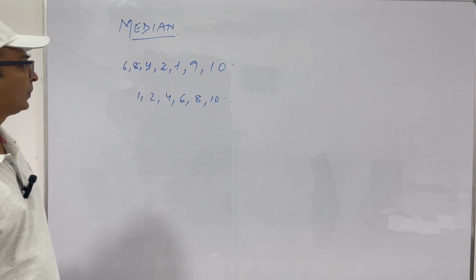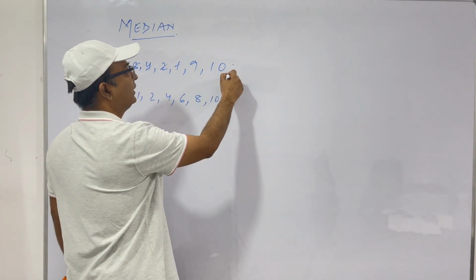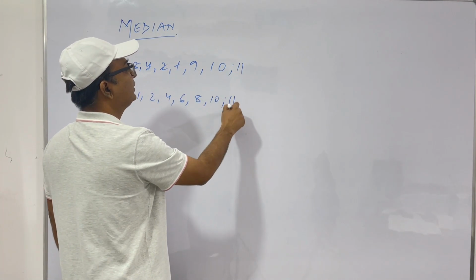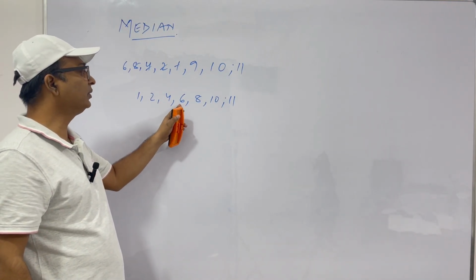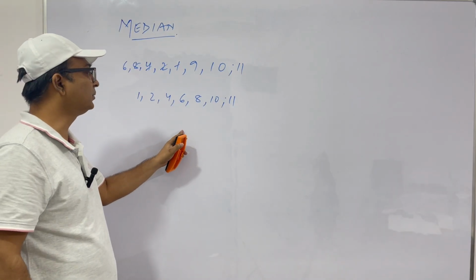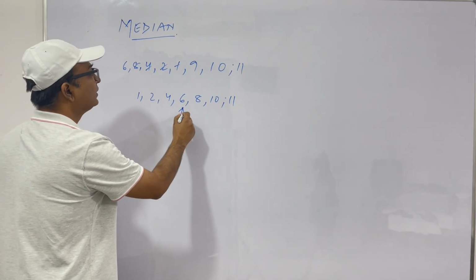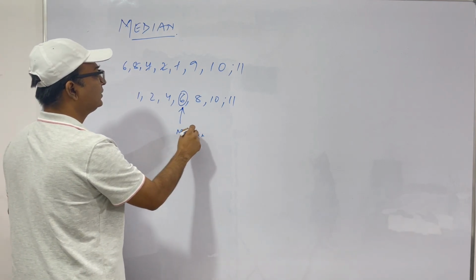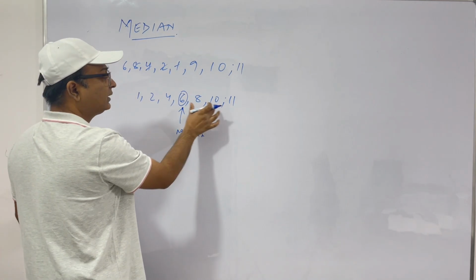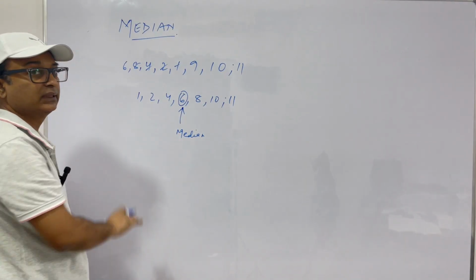Let's say we had another number, 11. Now the value of the variable which is in the middle of this distribution is 6. So 6 is the median. That is, we know that half of the data is above 6 and half of the data is below 6.